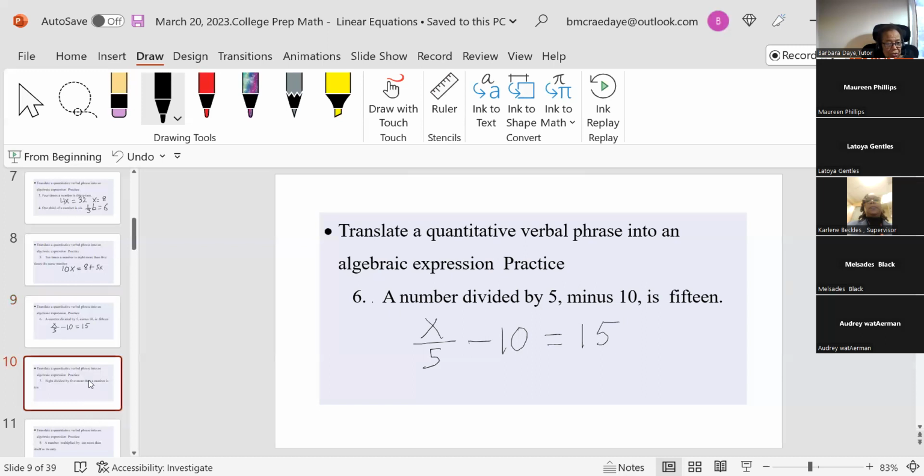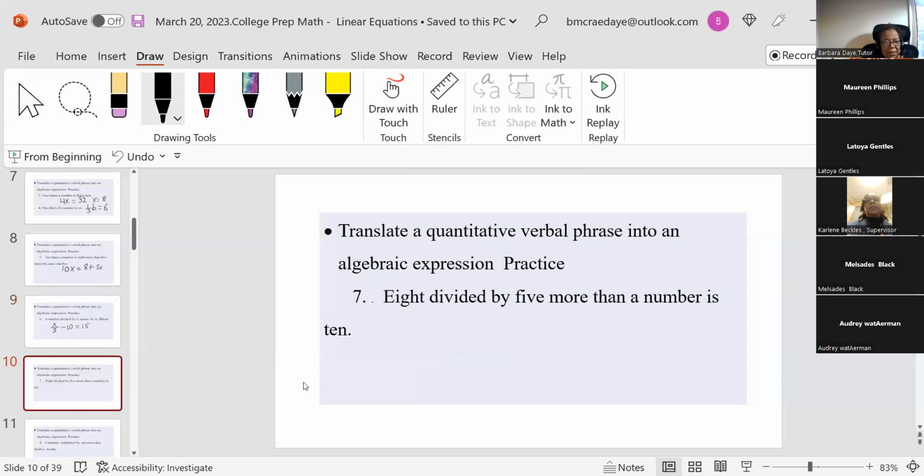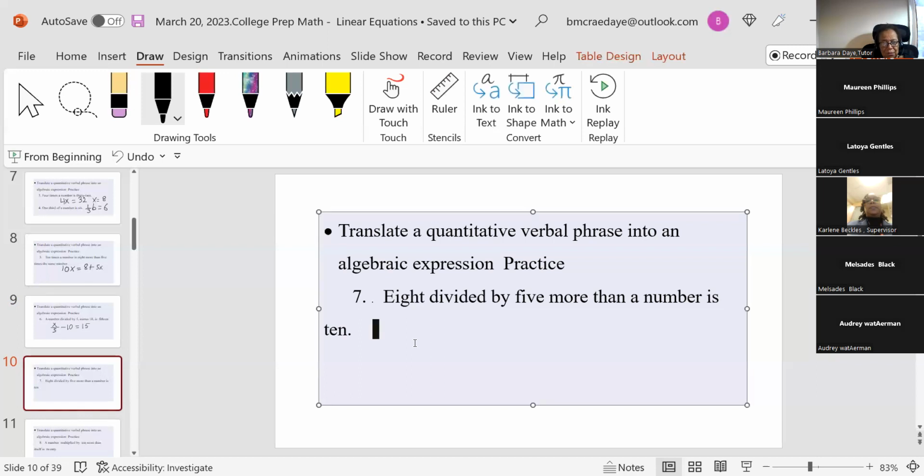Okay, number 7: 8 divided by 5 more than a number is 10. Audrey, what should I write? 8 divided by 5.